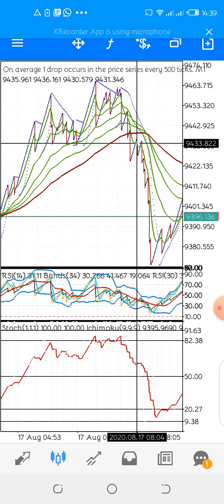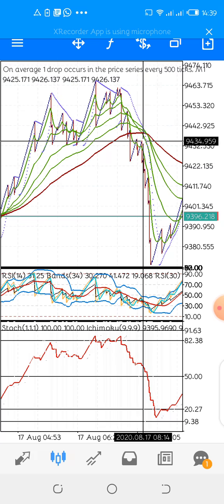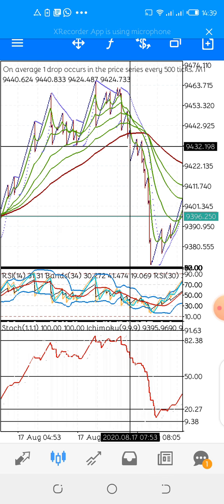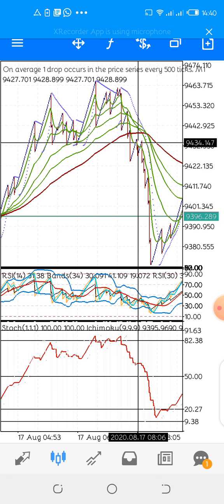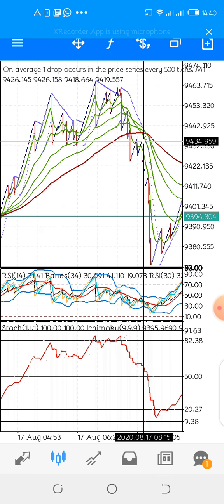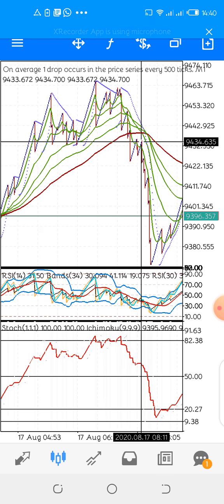So for this, you could have gotten your entry here, especially even if you had missed this first spike here, but the second one, which is this one, and you see it spiked on the same area.